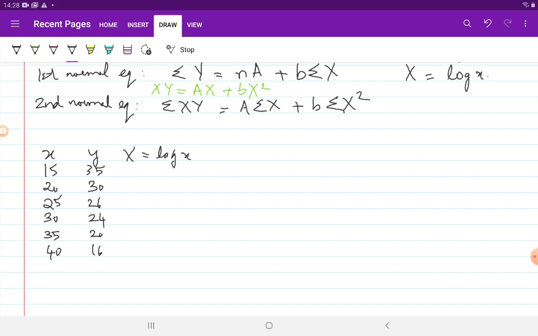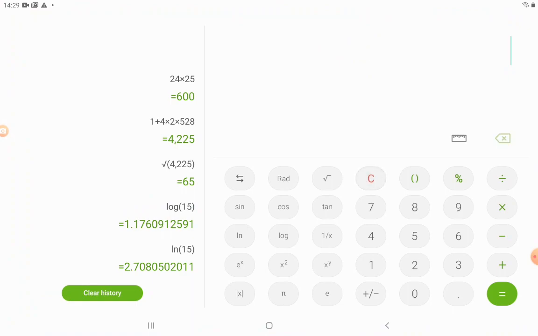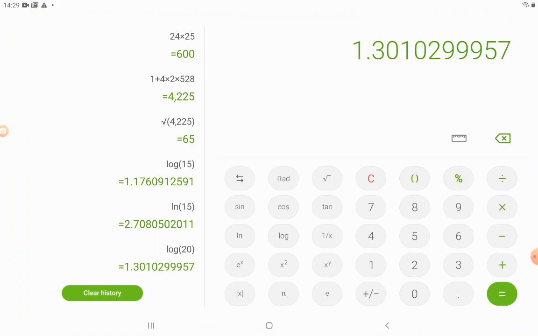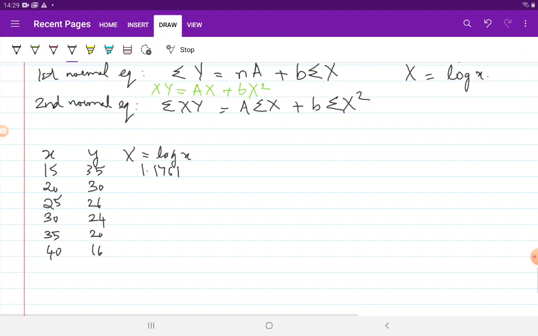Take your calculator, perform the log operation, and you will find out log 15 is 1.1761. Your second value will be log 20. So taking the calculator, I'm simply going to take log of 20, which is 1.3010. And so on.